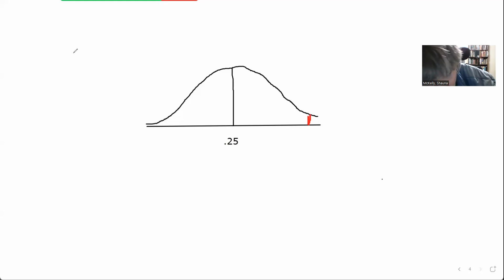This is where 0.33 is. Okay, and I want to find the proportion that's more than this. So what I'm looking for is the proportion that is in here.